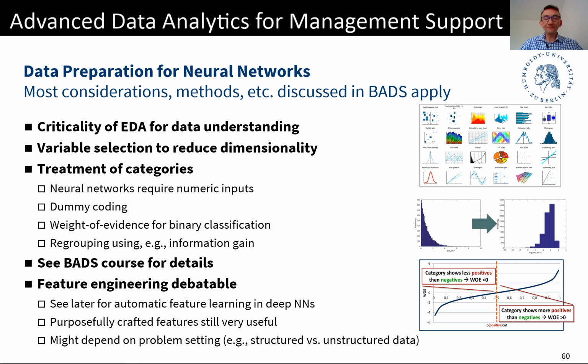I mean, after all, the promise of deep learning is that deep networks are capable of learning features automatically, learning a good representation of the data to facilitate the modeling task to achieve high accuracy. But yeah, it is debatable, and I guess it also depends a little bit on the type of data.